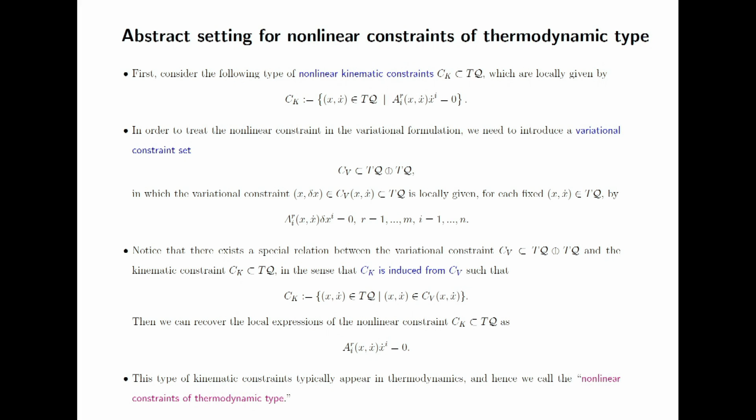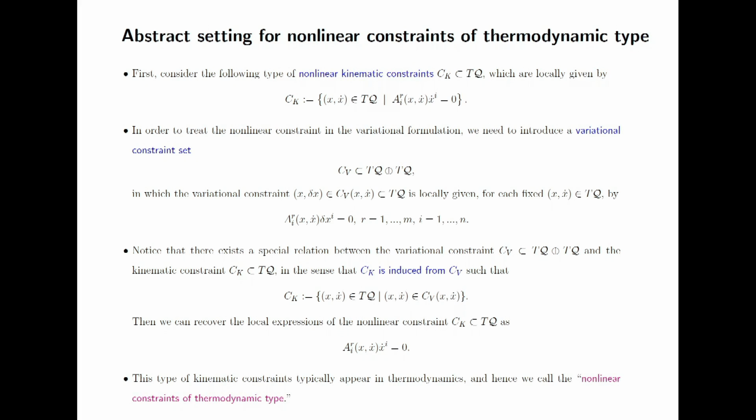Because we want to incorporate this into our variational setting, how to get the variations to derive the equations? We didn't know that, but in order to treat this nonlinear constraint, we need to introduce a variational constraint set. CV is a subset of TQ plus TQ. The first TQ is the space for the variation delta x, and the second TQ is the space for the motion x dot. In fact, our variational constraint is described in this way.